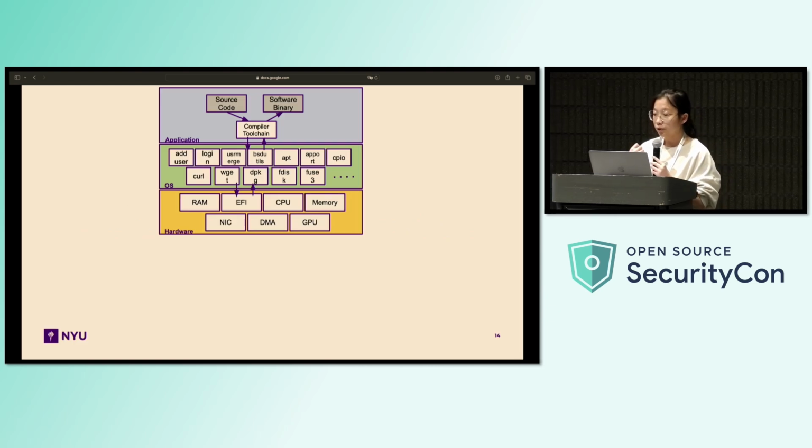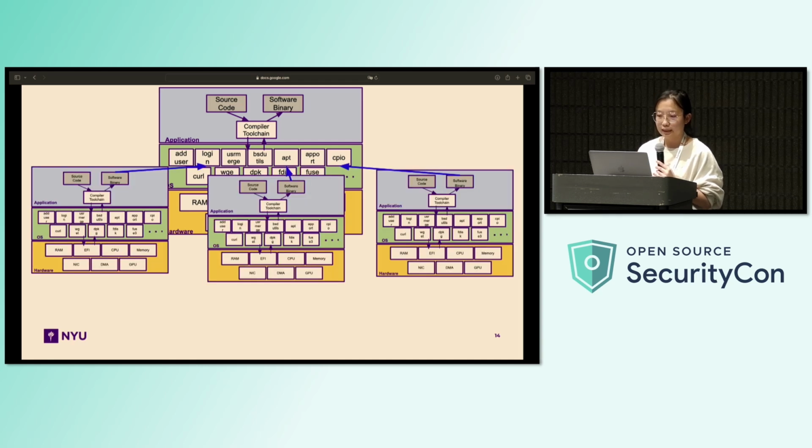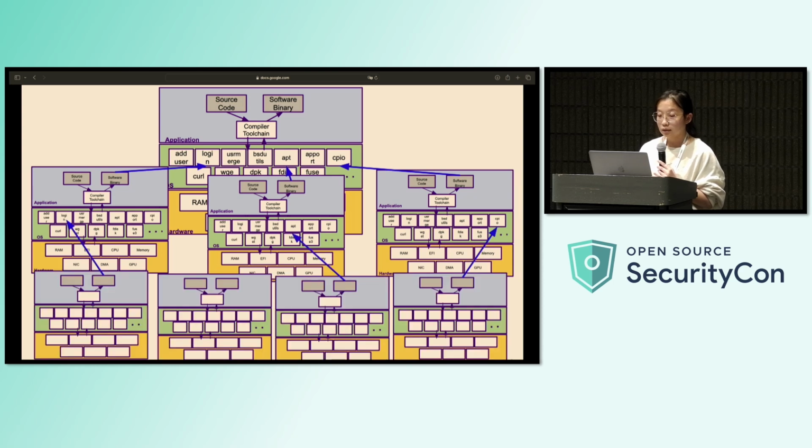Like I mentioned before, an operating system usually has hundreds of packages, and during the compilation, each package relies on the same complex software stack, and that makes it really hard to trace where the root of trust actually starts, and even harder to ensure that trust is securely carried through the entire chain.